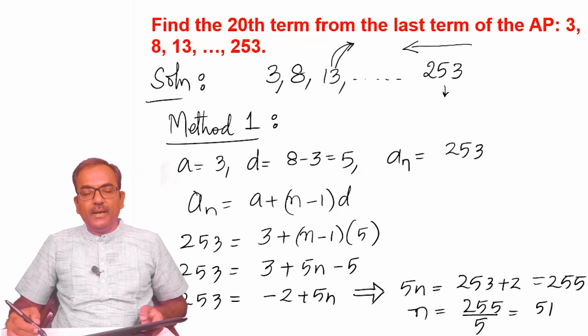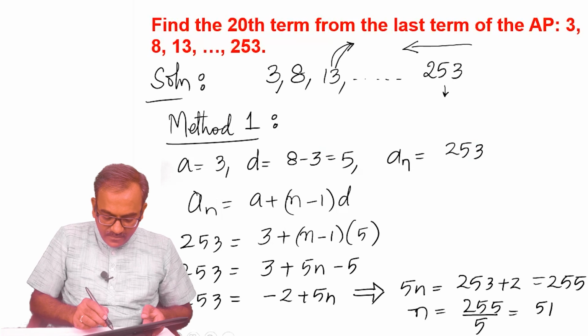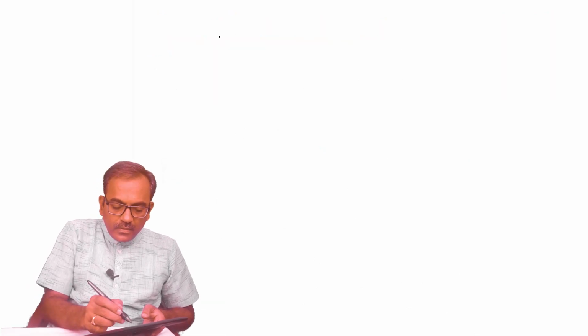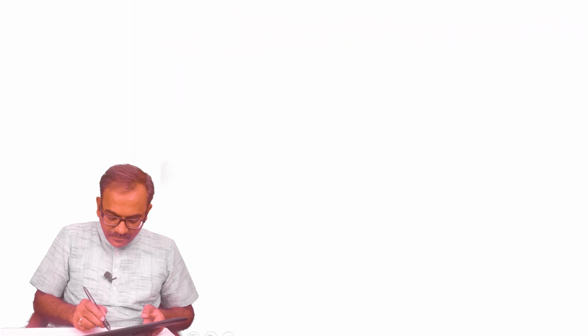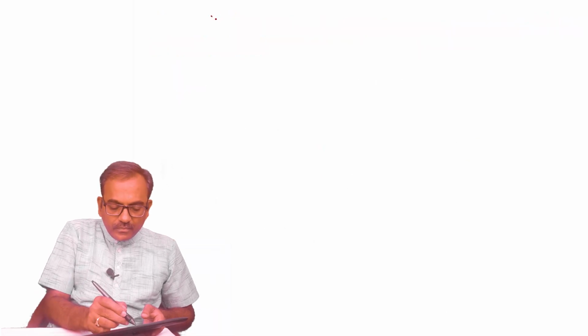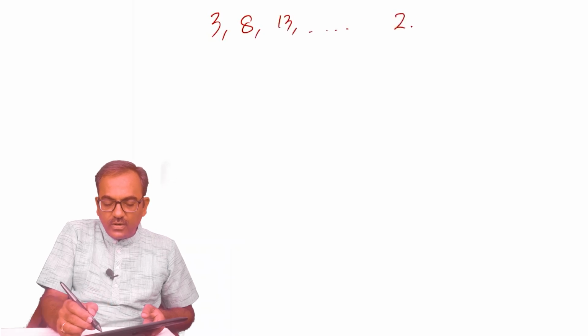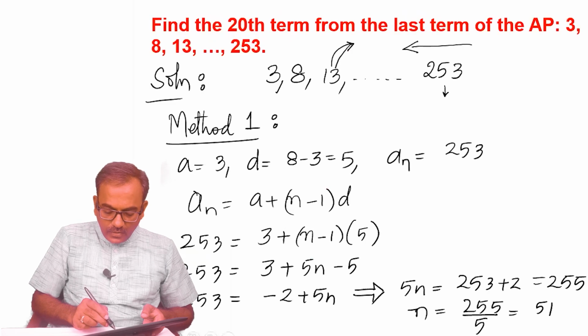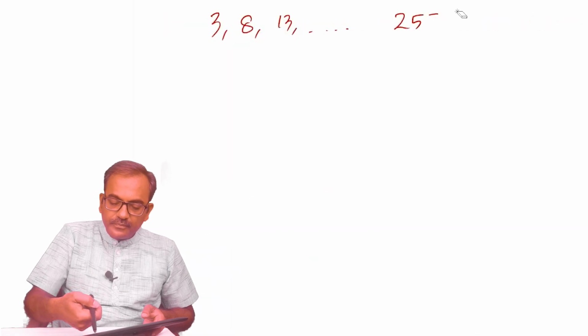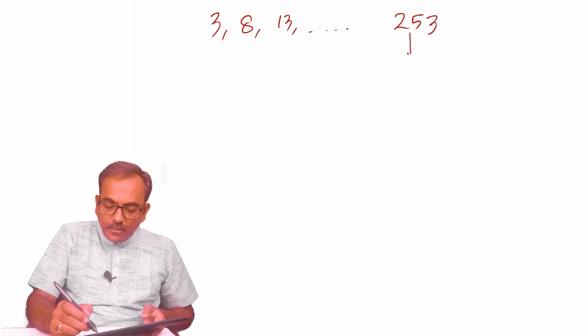So what does this imply? You can see that this is 3, 8, 13 and so on, up to 253. What is that we have obtained?